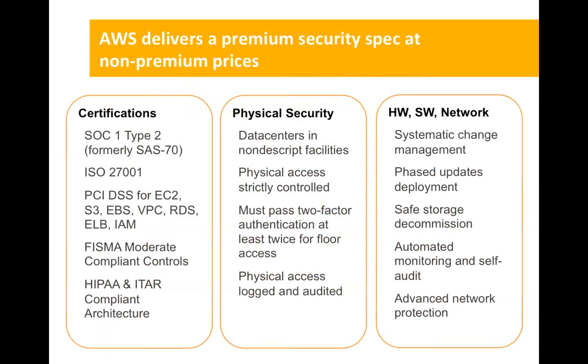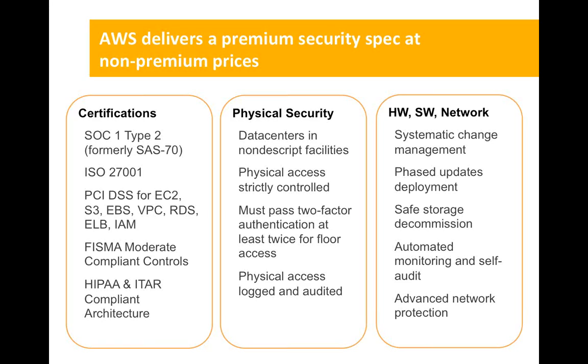So first, I wanted to talk about security. When you use your services with AWS, you basically, with no extra charge, get a premium security spec at non-premium prices. As hopefully most of you who have used our services know, we have security as our number one priority.